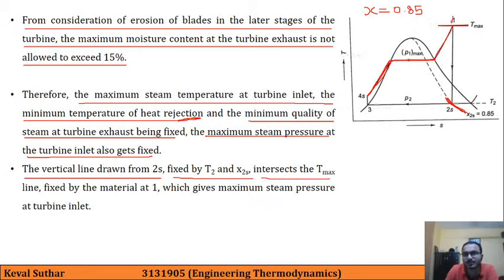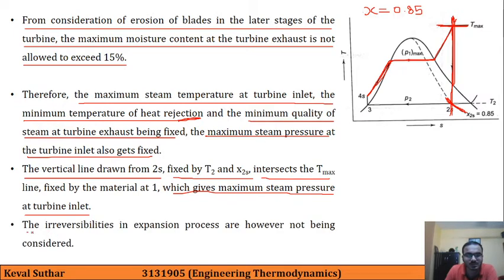So if we draw this vertical line and this horizontal line, that is Tmax, and they intersect, we will get this point, which gives the maximum steam pressure at the turbine inlet.